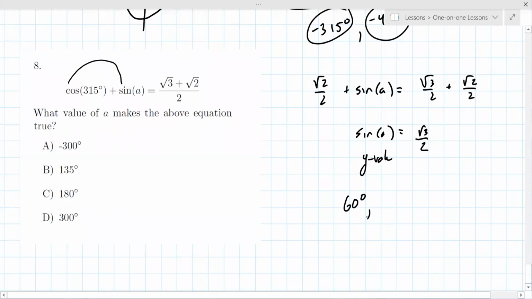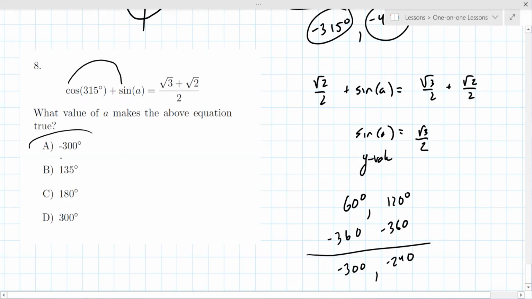So the one where it's a y value is 60 degrees, 120 degrees. And once you find the 2 positives, you subtract 360 from them: negative 240 degrees, negative 300 degrees. So which is the correct answer? It's A.